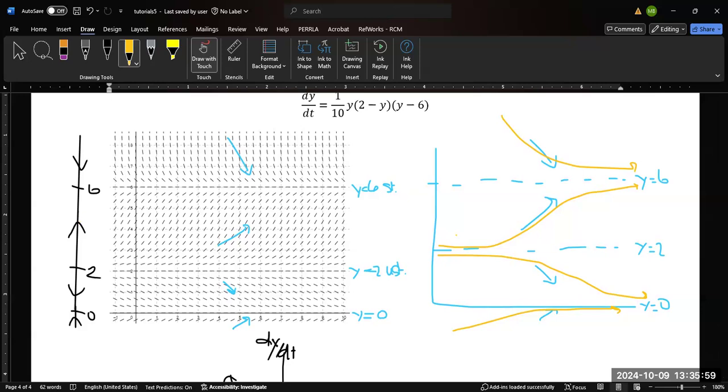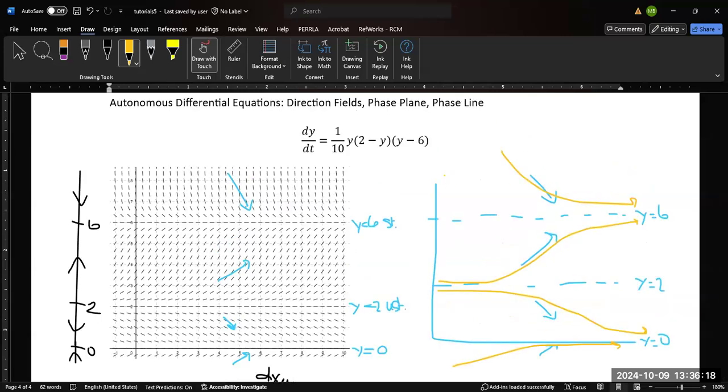And again, it's really important: if I ask for a direction field, I don't want a phase line or a phase plane. Even though these all represent the same information, it's important to give the information that you're being asked for. But these are all going to give some sort of information holistically about the behavior of your differential equation when there is no explicit dependency on time.